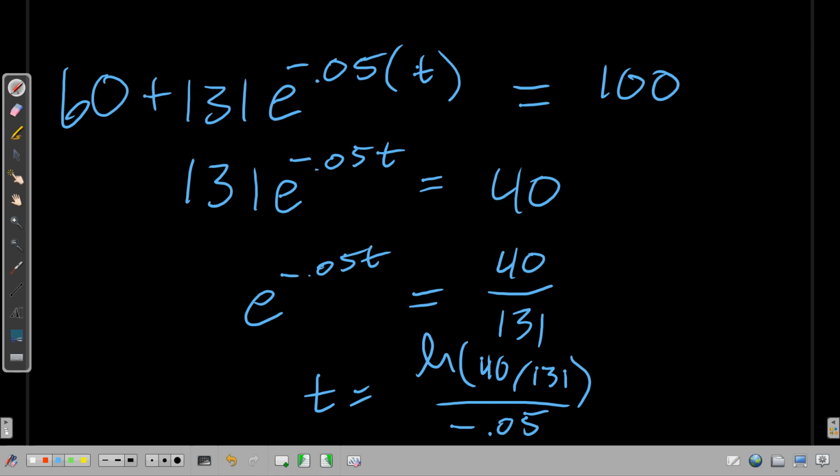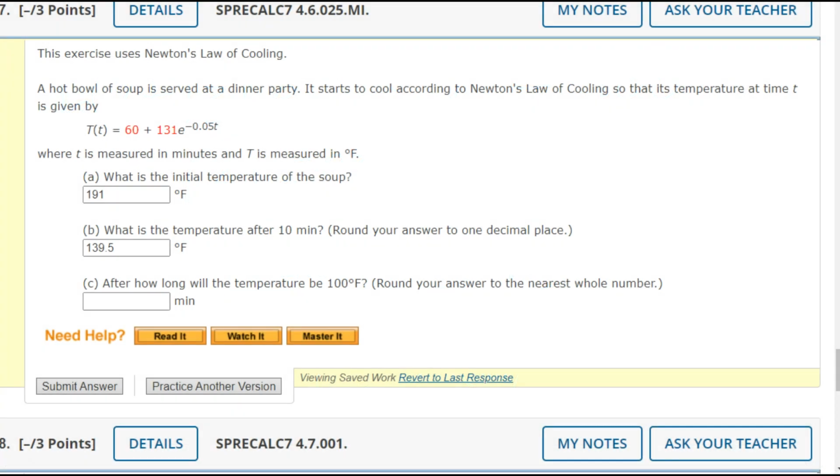The natural log of 40 over 131 is about negative 1.186, divided by negative 0.05, and I get 23.726. Rounded to the nearest whole number is 24 minutes.